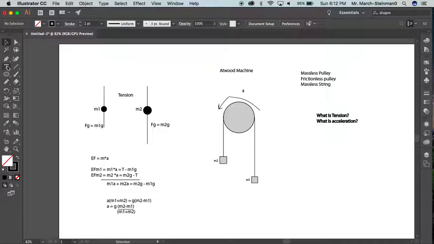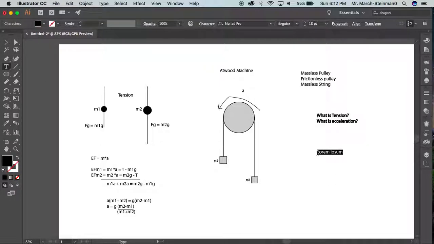So let's give some values here. I have a general solution, so let's give some values. M2 is equal to 2 kilograms. M1 is equal to 1 kilogram. And we'll say that G is 10 meters per second squared down.